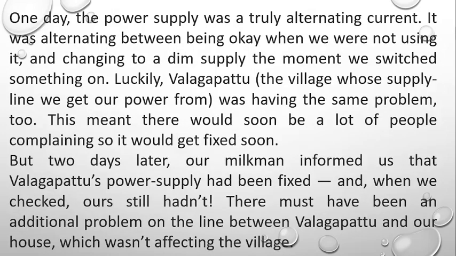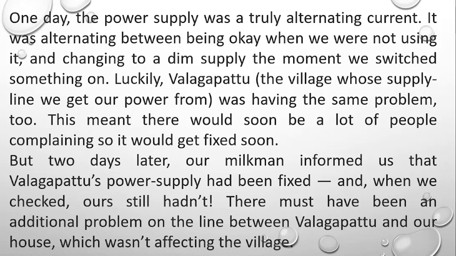One day the power supply was a truly alternating current. It was alternating, being okay when we were not using it, and changing to dim supply the moment we switched something on. Luckily we have a village, exactly this village, from which we get our power, and it was having the same problem.